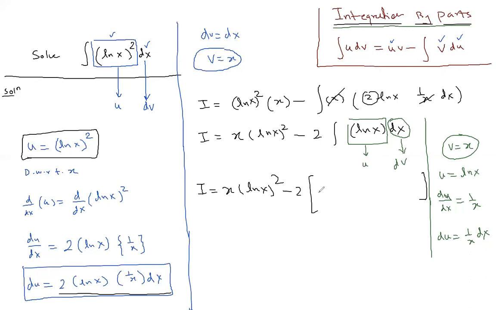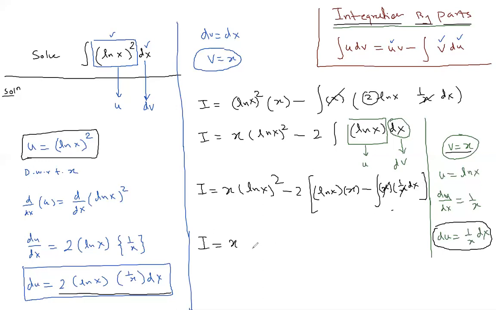Well, u is ln x and v is just x, minus the integration of v, which is x, times du, which is 1 over x dx. This x will cancel out, and you have just the integration of dx, which is just x.